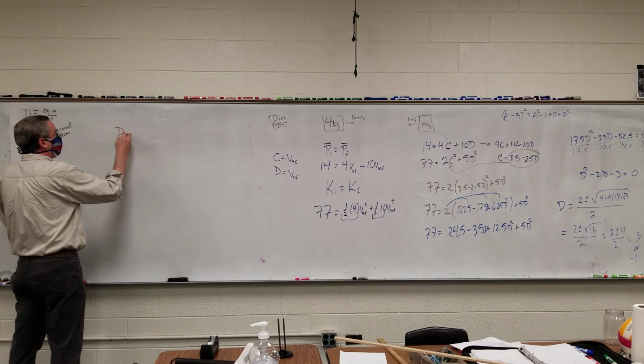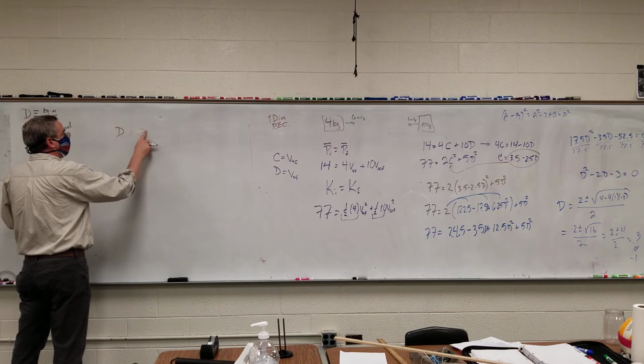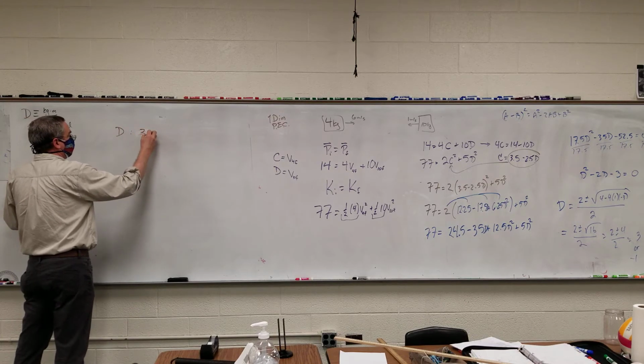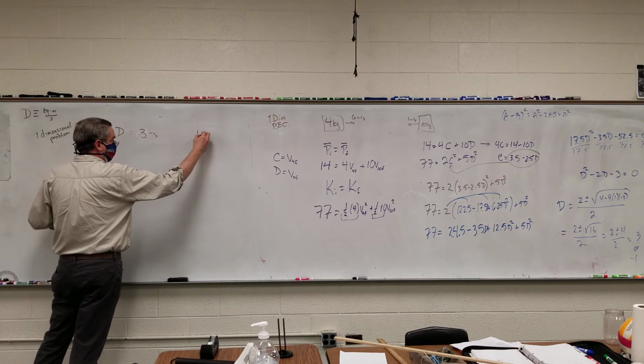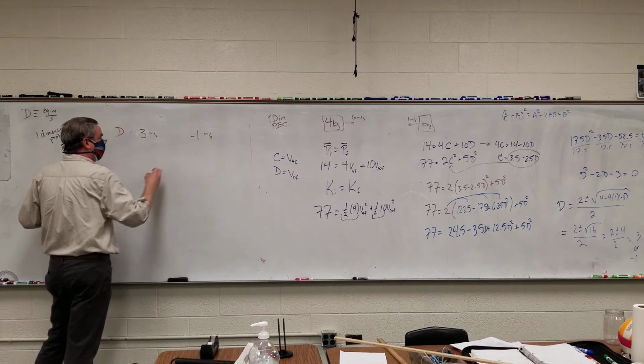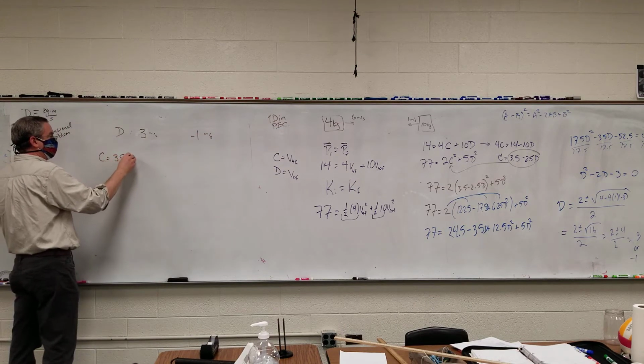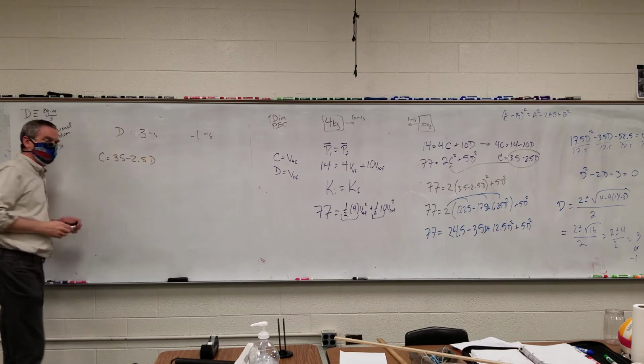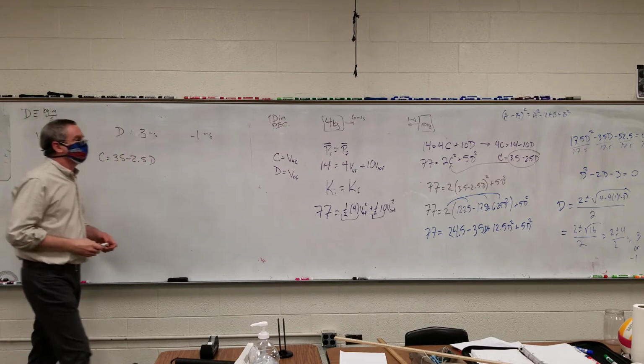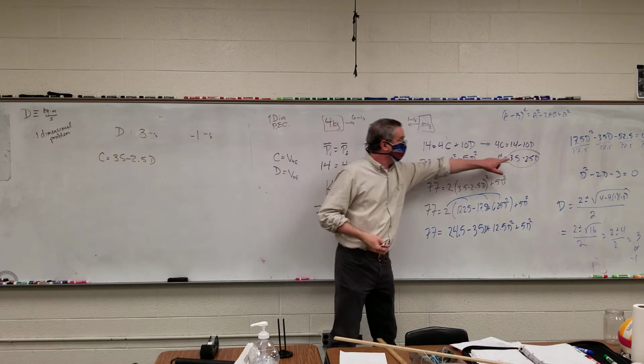So we have two values for D. We have positive 3 meters per second, and negative 1 meter per second. I know that C is equal to 3.5 minus 2.5 times D, written right there.